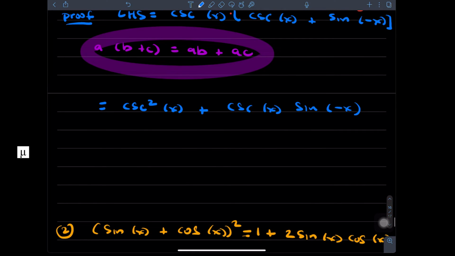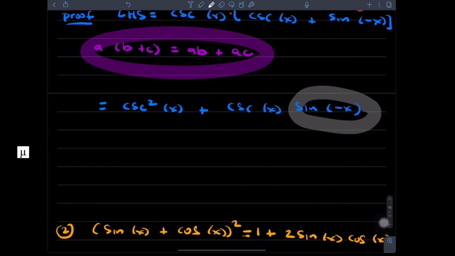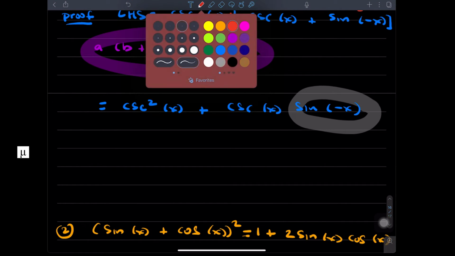And so you're almost there. Now remember this here. What is this? Sine minus x. What is that again? Do you guys remember?